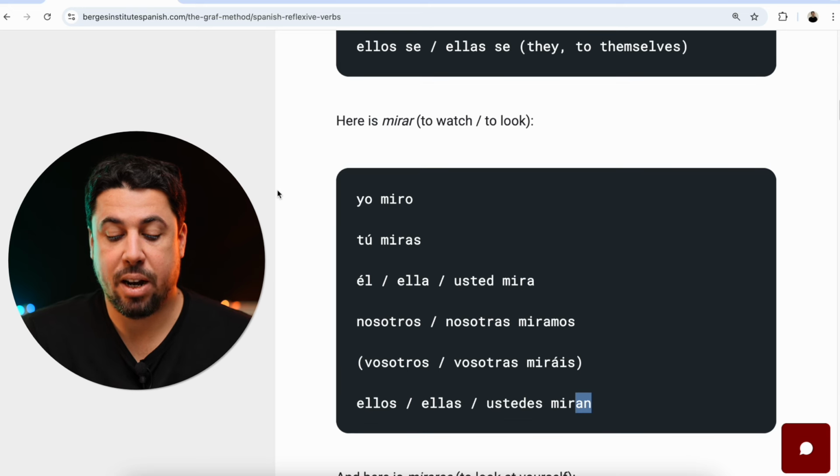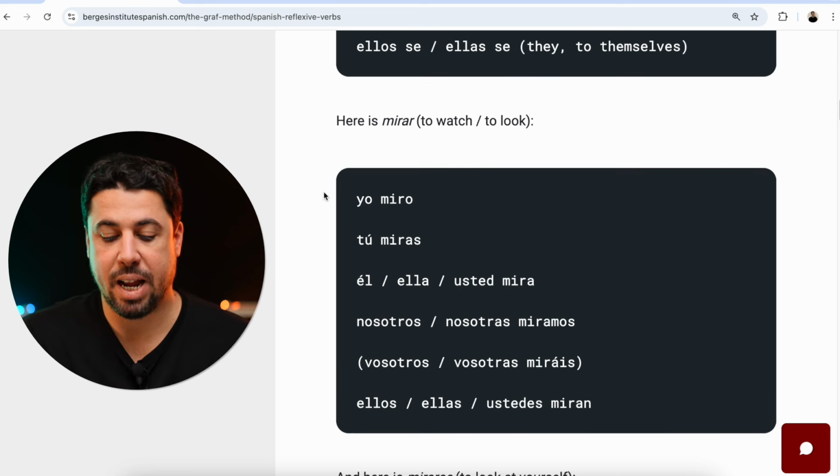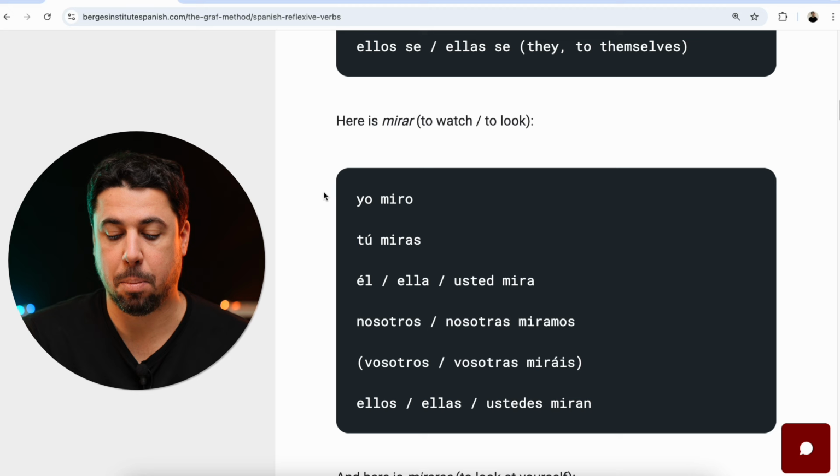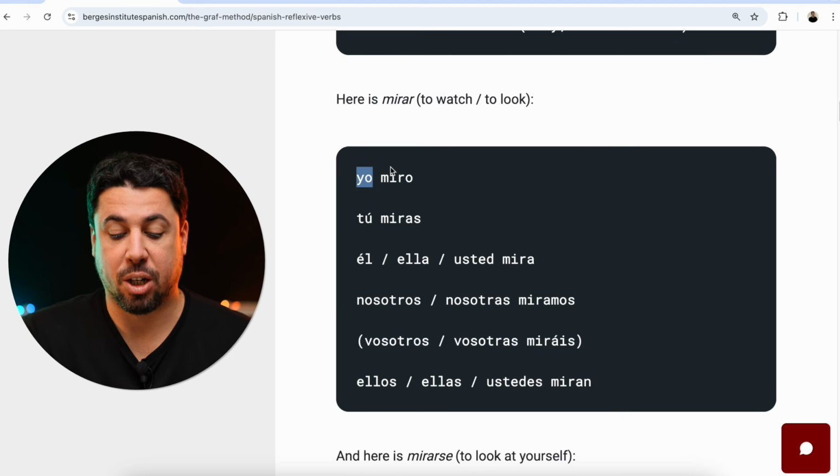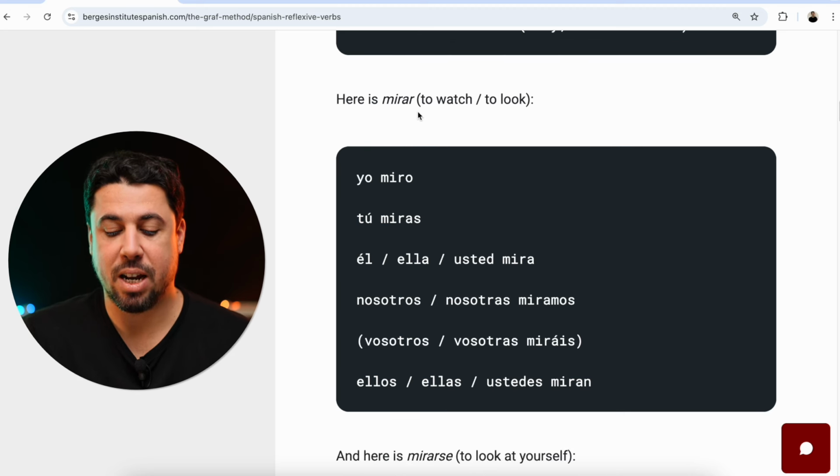So for mirar, yo miro, tú miras, él, ella, usted mira, nosotros, nosotras miramos, vosotros, vosotras miráis, ellos, ellas, ustedes miran. Or without the subject personal pronouns, miro, miras, mira, miramos, miráis, miran.